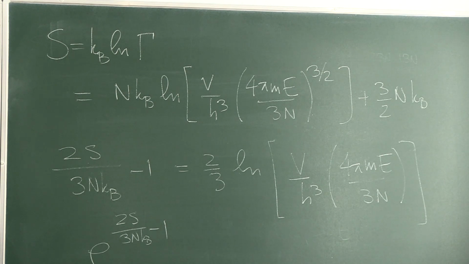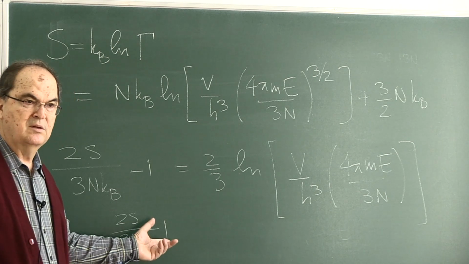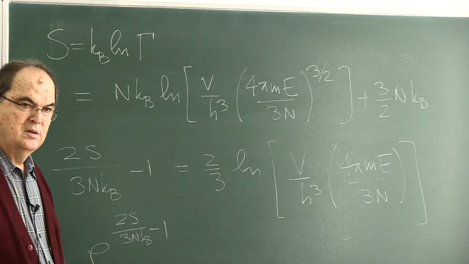Entropy is measured in units of nkB anyway, so the exponent is dimensionless, just a number, minus 1.